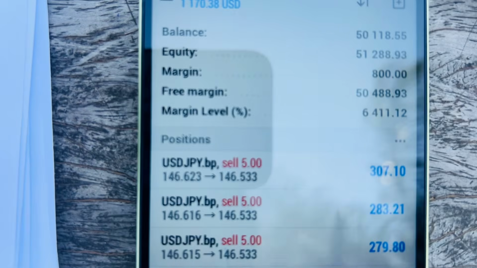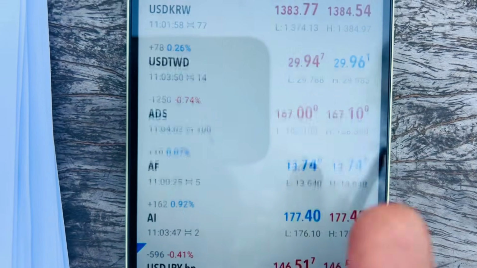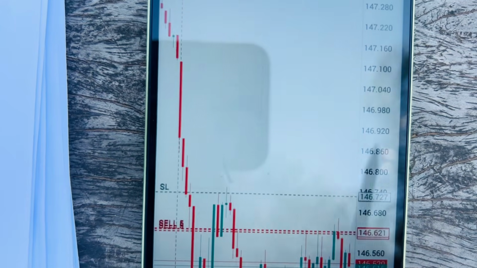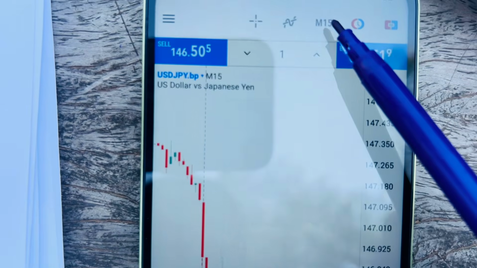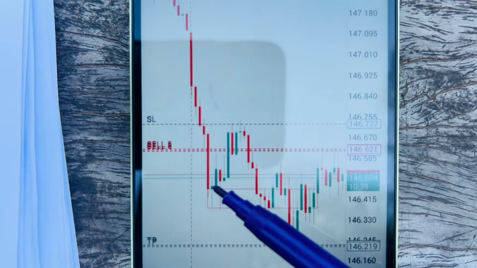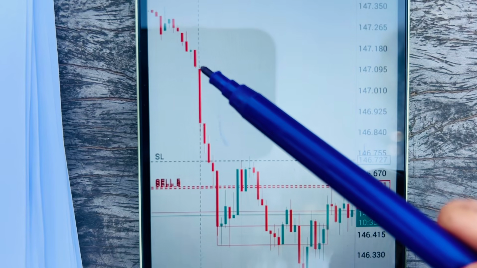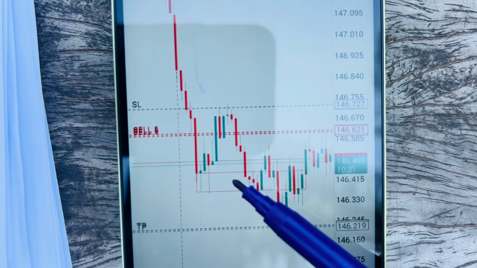If some of you are asking, Bozza, what strategy are you using here to make this much profit? Let's go to this chart, and this is the USD JPY. I like the USD JPY. So I'm trading the low of the day and half of the day, but I'm using the same time frame, 15M. And I look at the low, I look at the high here. This is not the half of the day. The half of the day is here on the opening of this candlestick, and I look at the break of the low here.